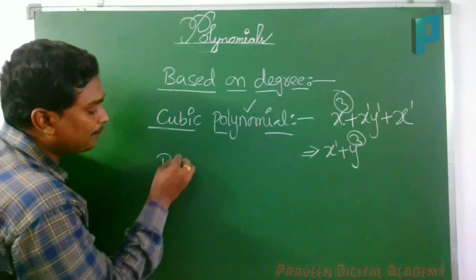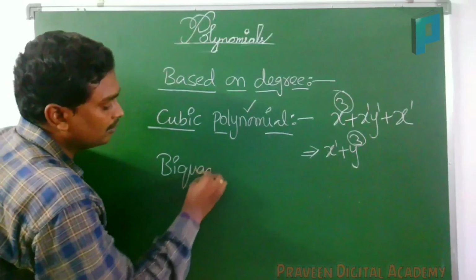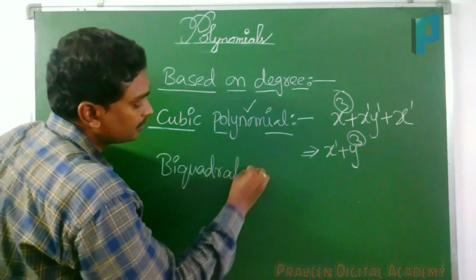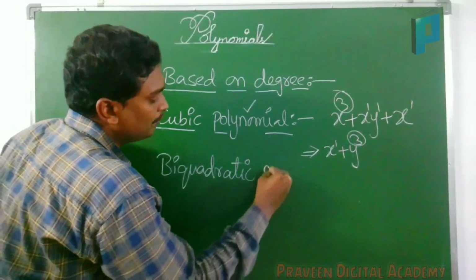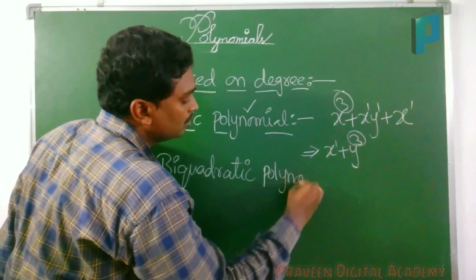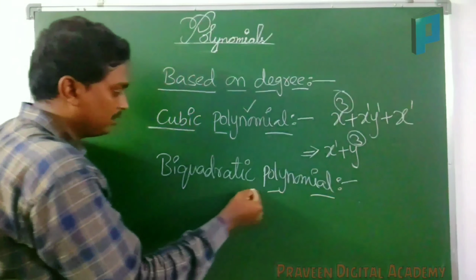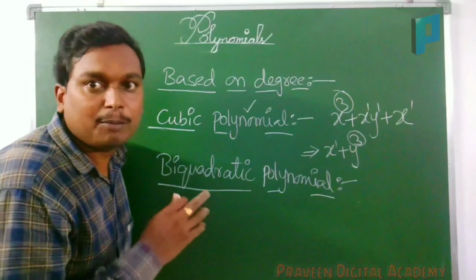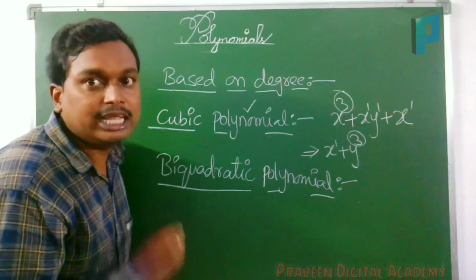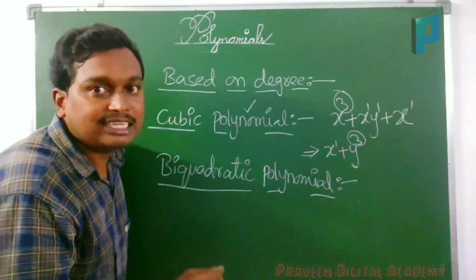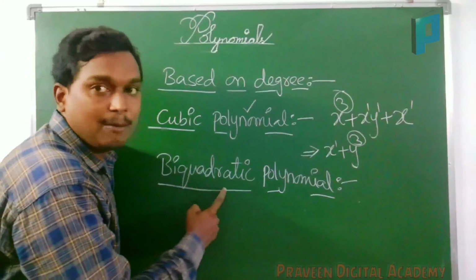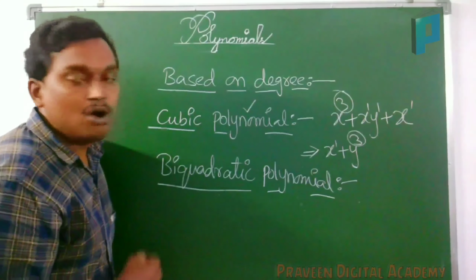Now, biquadratic polynomial. If the degree of the polynomial is 4, then we will call such kind of polynomial a biquadratic polynomial.